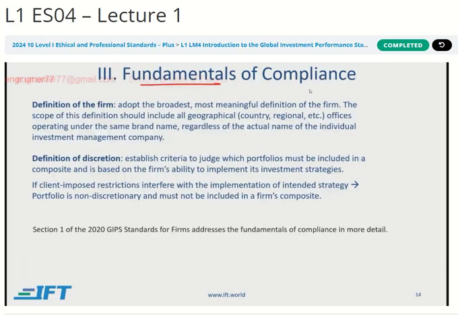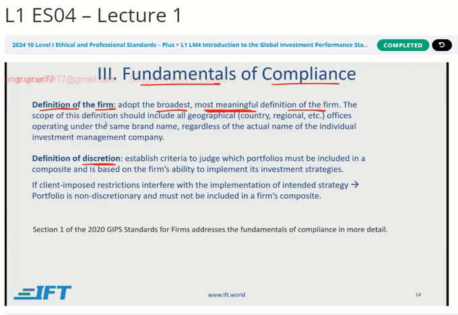Moving on to fundamentals of compliance. Here there are two key aspects. The first is the definition of the firm, and the second is the definition of discretion. With respect to the definition of the firm, we must adopt the broadest, most meaningful definition of the firm.